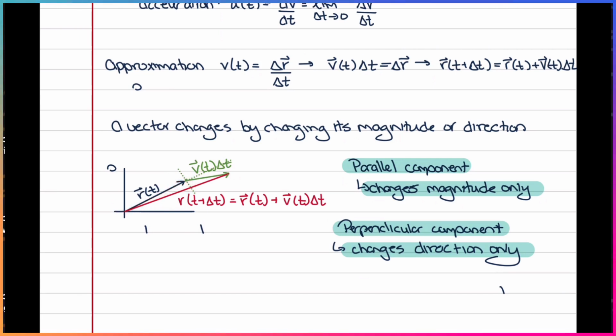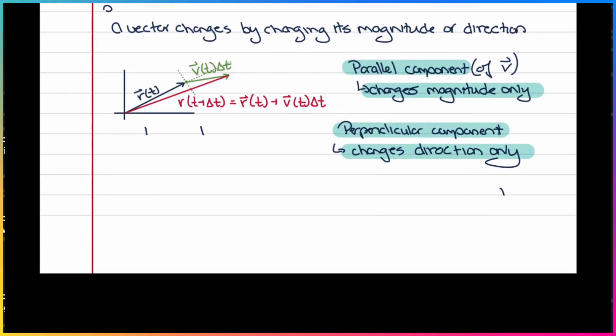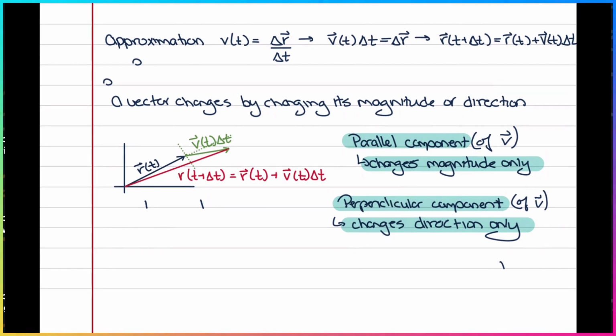And this is generally the case: the parallel component of v changes the magnitude of r. The perpendicular component of v changes the direction of r. And again, that's what we saw here.